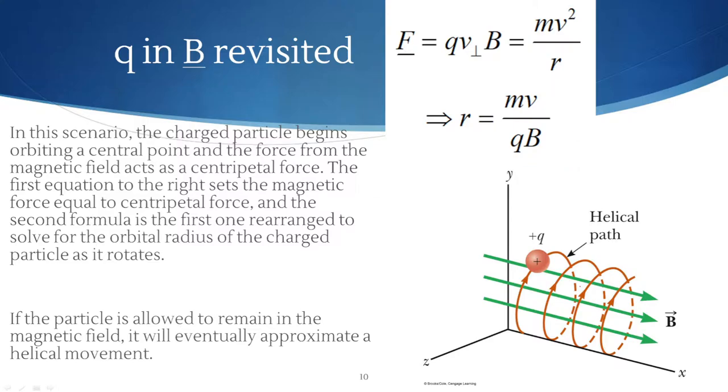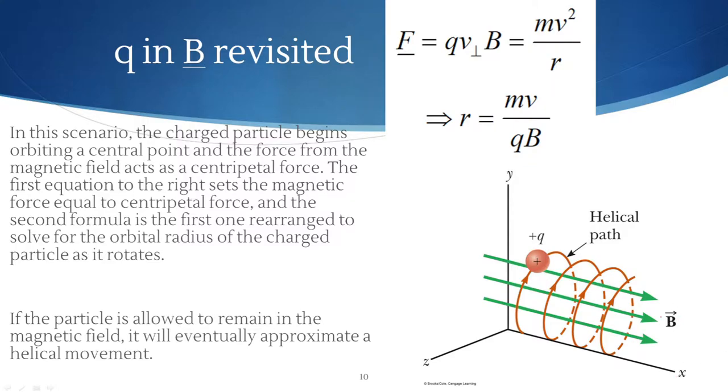For an example, here we have a particle currently moving in a helical pattern. In this specific case, we would have the constantly changing velocity vector in the zy plane, but this particular particle has some x velocity that is not being changed by the magnetic field, since the magnetic field points in the x-axis.